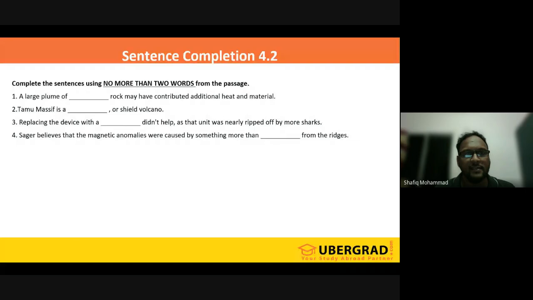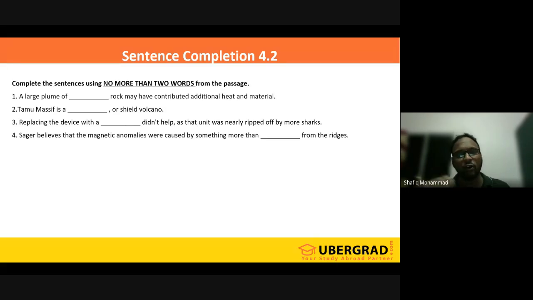This is like fill in the blanks; you can say fill in the blanks or sentence completion, both are one and the same. It has 4 questions, and it says no more than 2 words. So you should not write more than 2 words, but the answer can be one word also.